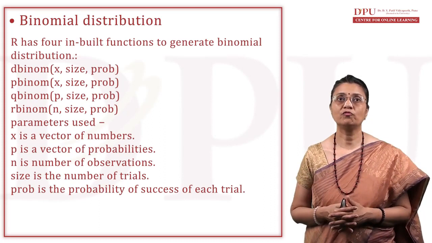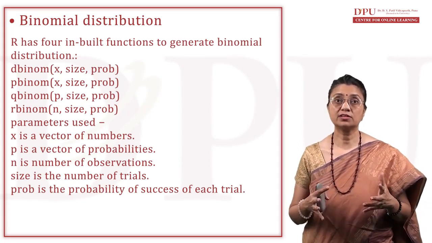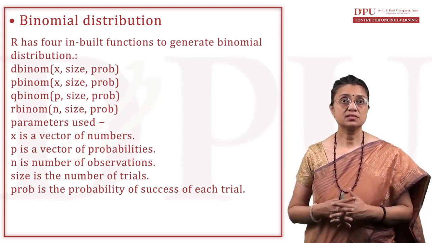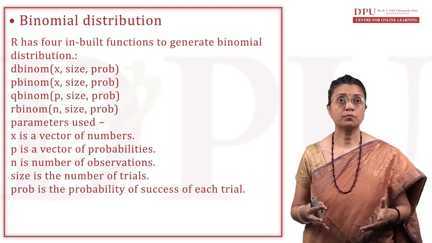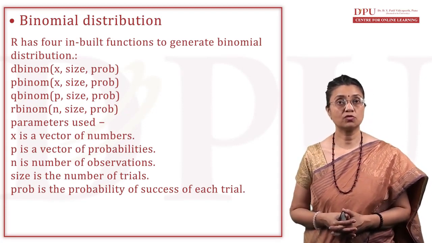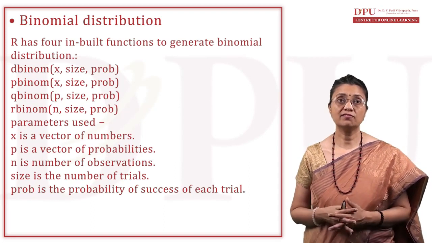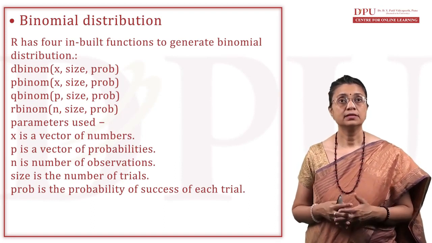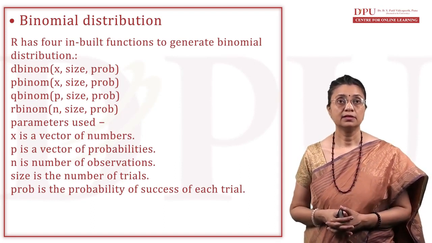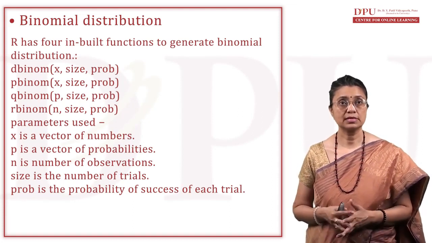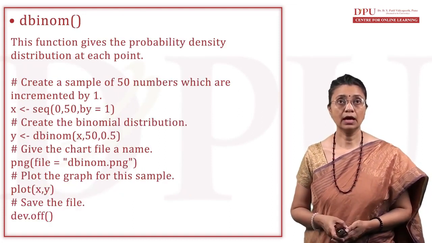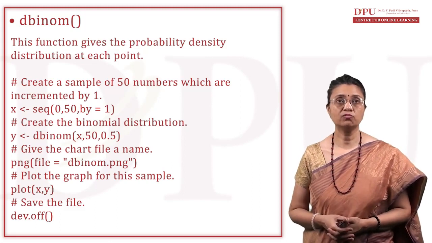There is qbinom where p is the vector of probabilities, size, which is the number of trials, and prob, which is the probability of success of each trial. And then we have rbinom, which is n, size, and prob, which means the number of observations, size, and probability. Now, let's have a look at the dbinom function.